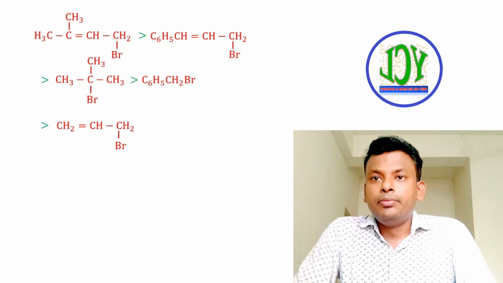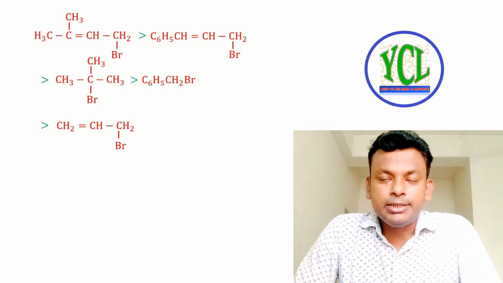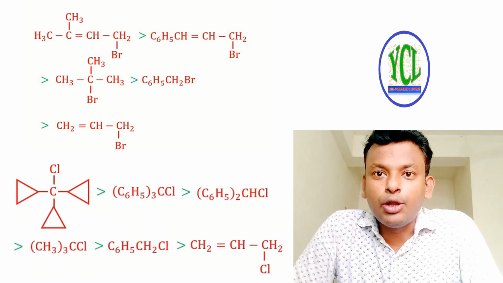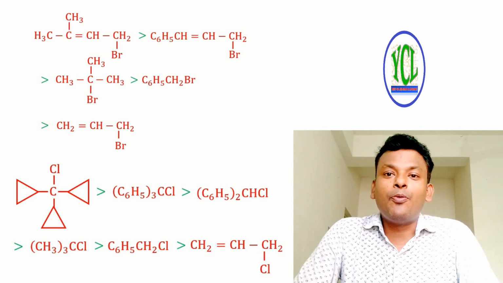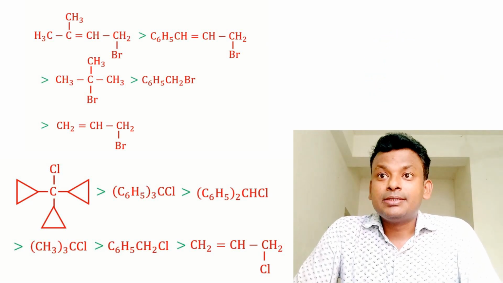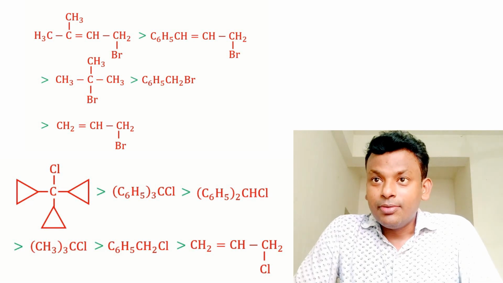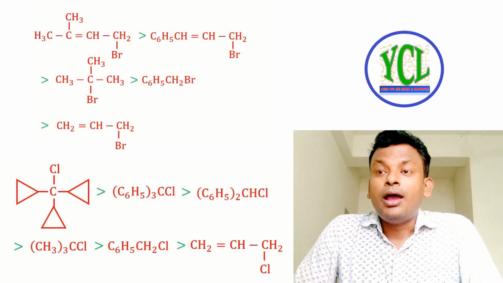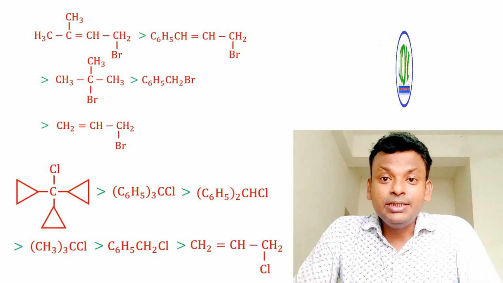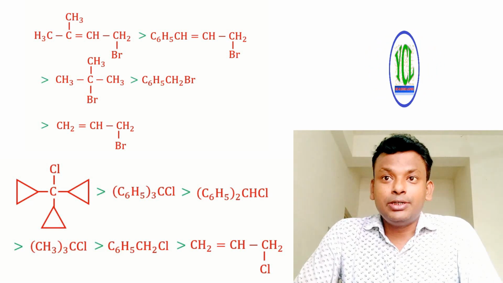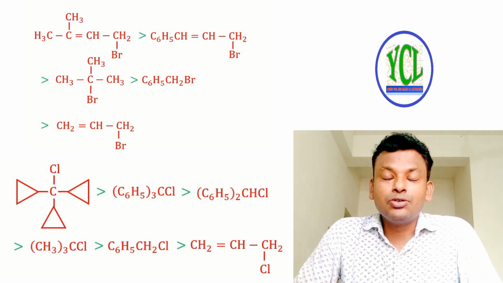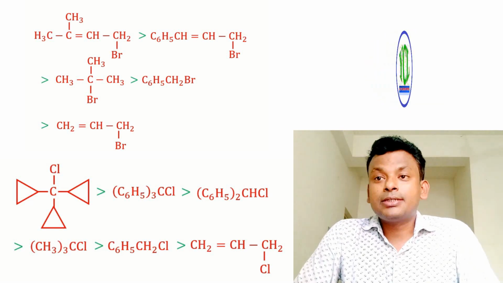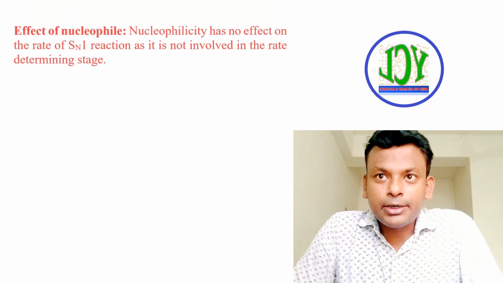In the same way, here bromine is present, so the order is this. In this example also, the first one is 3-degree with a cyclopropyl group present. The second one is benzylic, where 3 benzene rings are present and 15 resonating structures are formed, and next one has 2 benzene rings and 10 resonating structures are formed, and next CH3CCl 3-degree, and next benzylic, next allylic.